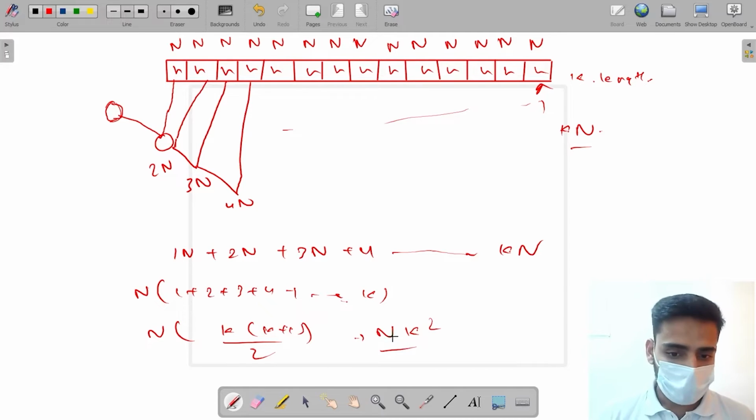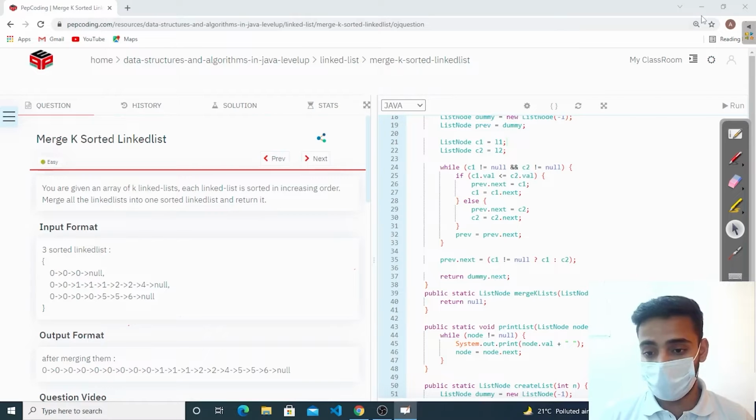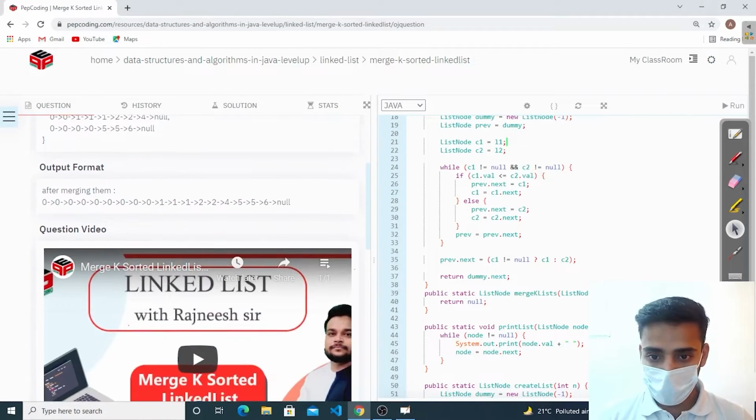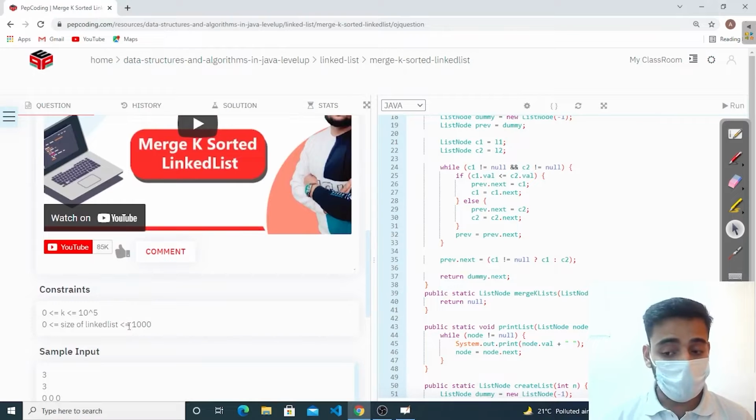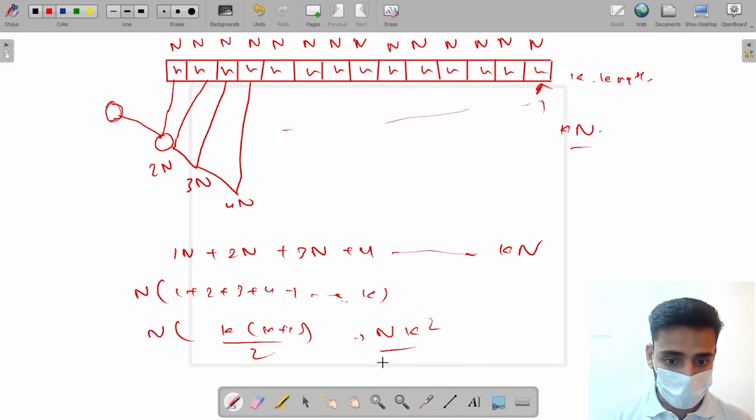Let's have a look at the constraints first. What is the constraint here? The value of k can vary from 0 to 10 to the power 5. So on the board, k can be 10 to the power 5, and it's the square.